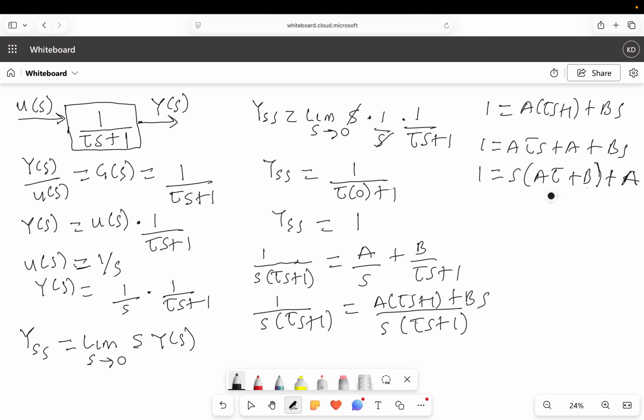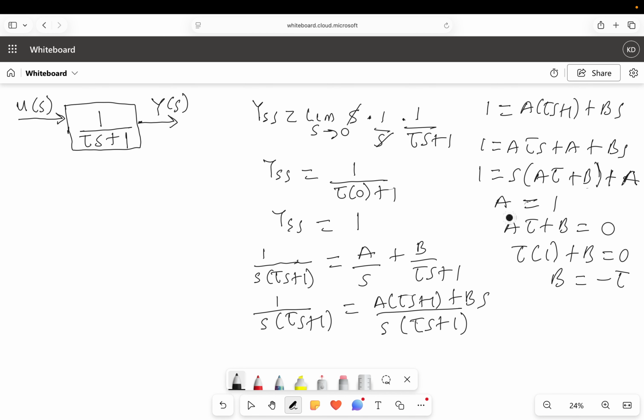Comparing the left hand side and the right hand side, I can see the constants give A is equal to 1. I don't have a coefficient of s on the left hand side, so it means A tau plus B is just 0. Substituting the value of A into this equation, I will have tau into 1 plus B is equal to 0, so my B is just minus tau.